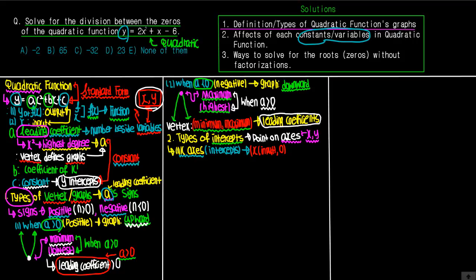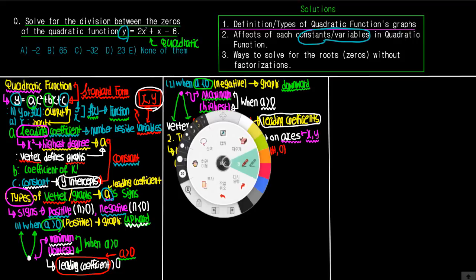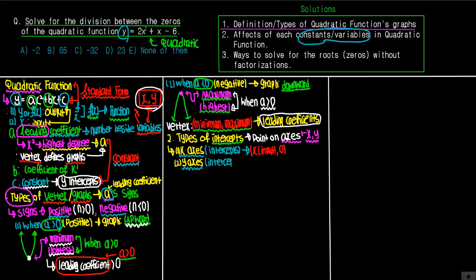Now let's think about the second thing that we need to talk about. Well, the second thing will be when the point is on the y-axis. Even though it's a different axis, the whole concept will be exactly the same. It will be the y-intercepts when our point is on the y-axis.